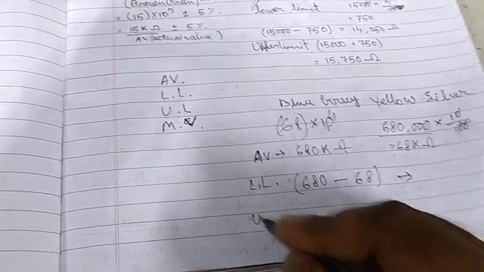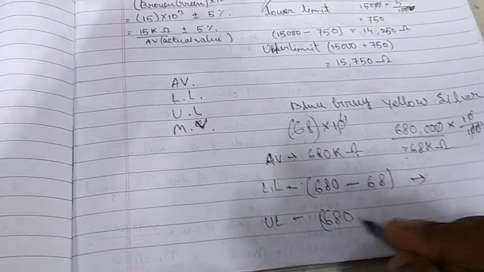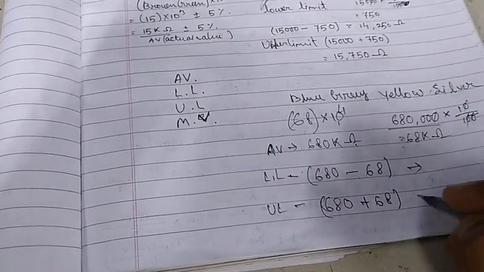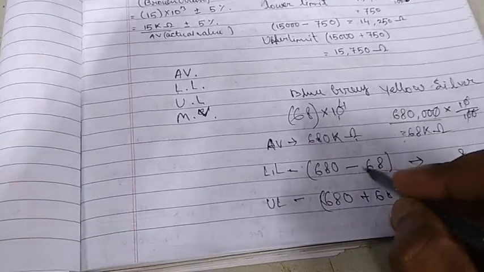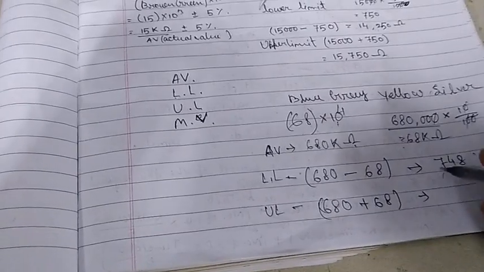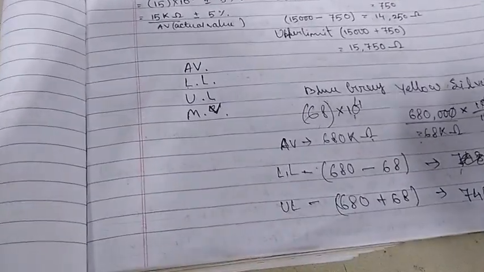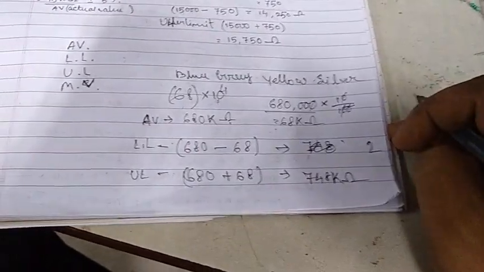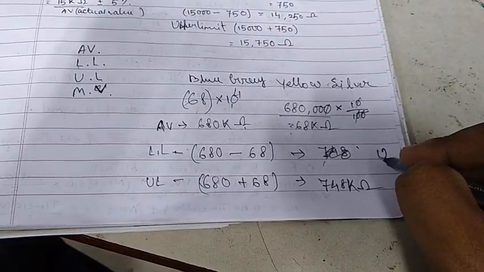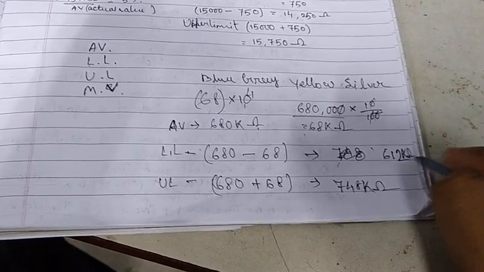For the upper limit, 680 plus 68. So this will be 748 kilo ohm and 612 kilo ohm.